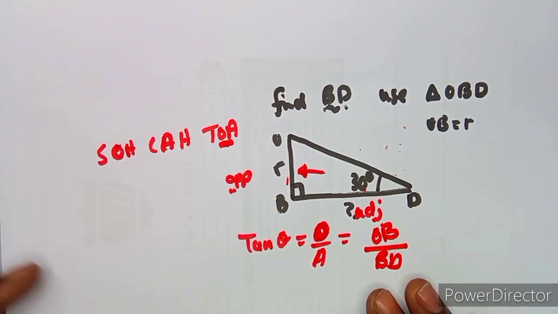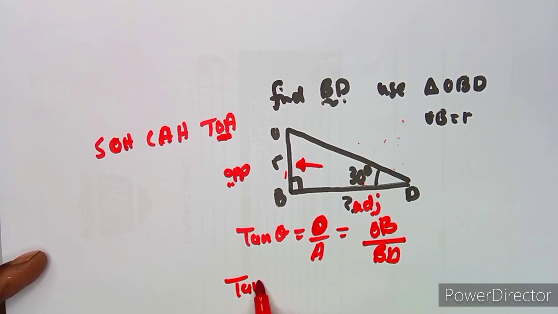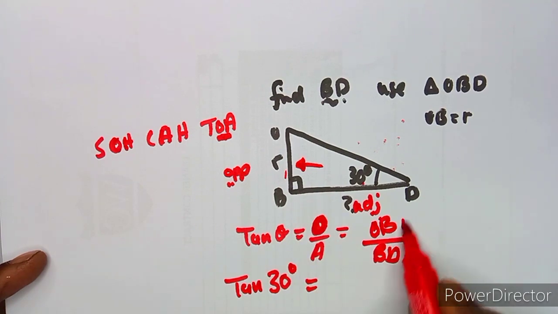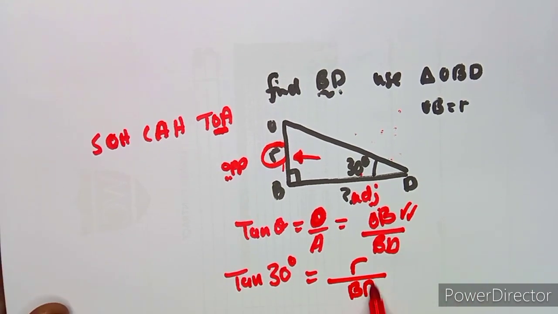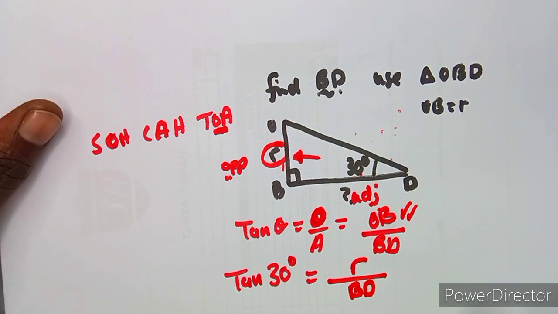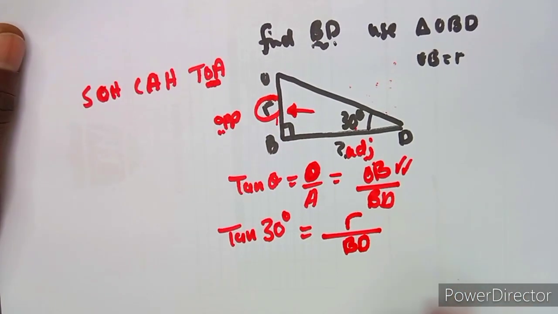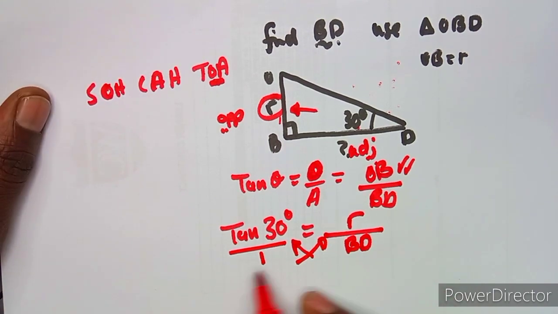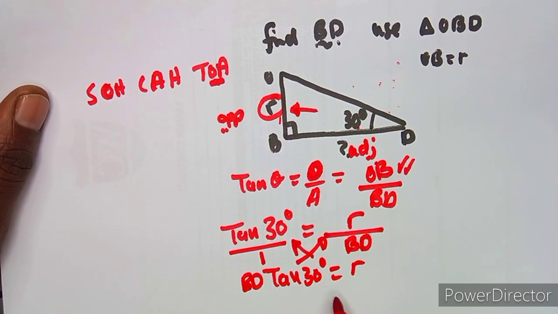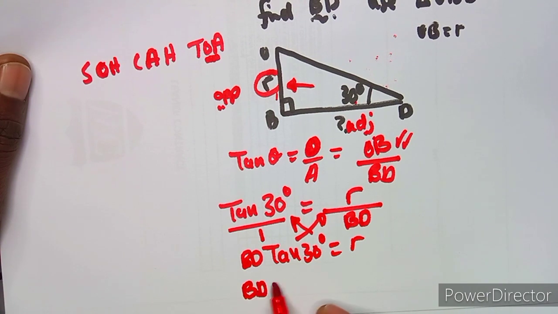So let's substitute here: tan 30 degrees is equal to the opposite, which is our OB. We can write this in terms of R, the radius, over BD. And we want to find BD in terms of R. Let's cross multiply: BD tan 30 degrees is equal to R. Then we divide, so BD is equal to R over tan 30 degrees.